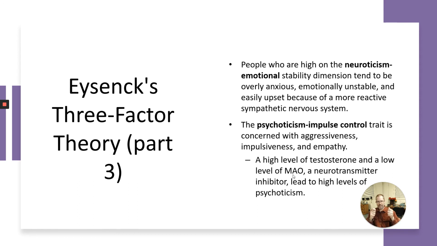So there's this sense of acute sensitivity, which on the positive side can give you a higher degree of empathy. But a high level of testosterone and a low level of MAO, which is a neurotransmitter inhibitor, lead to high levels of psychoticism.